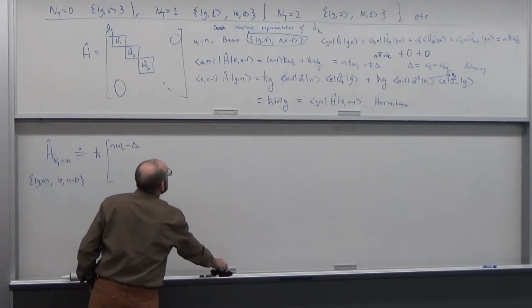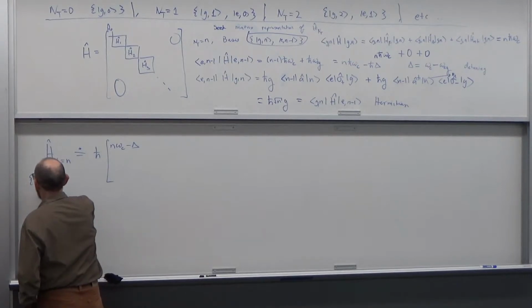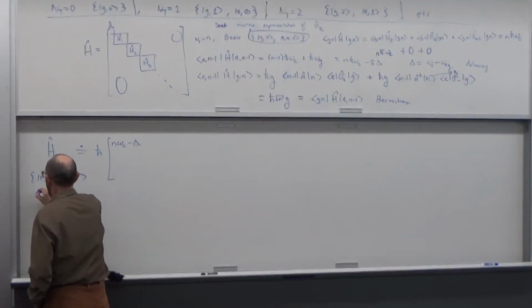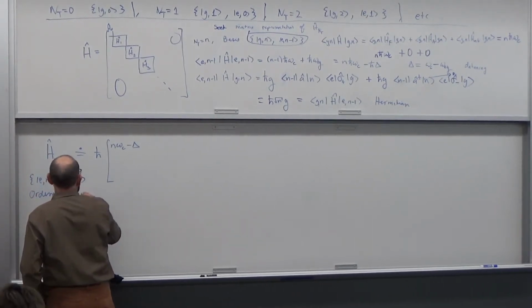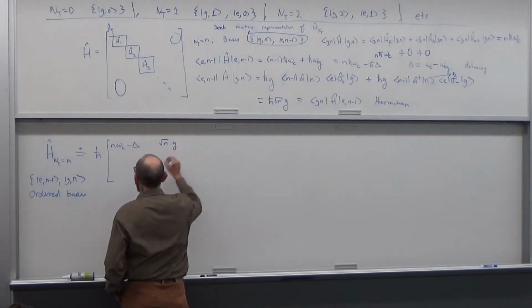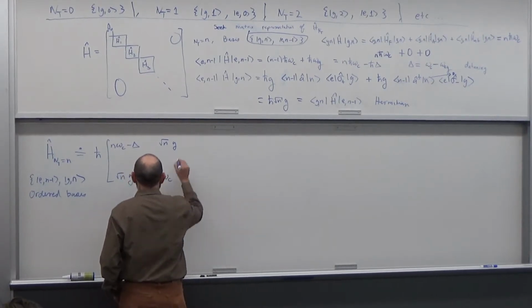Oh no, I'm going to write it in this order because I like the excited state as spin up. Order basis. Square root of n g, square root of n g, and omega c.